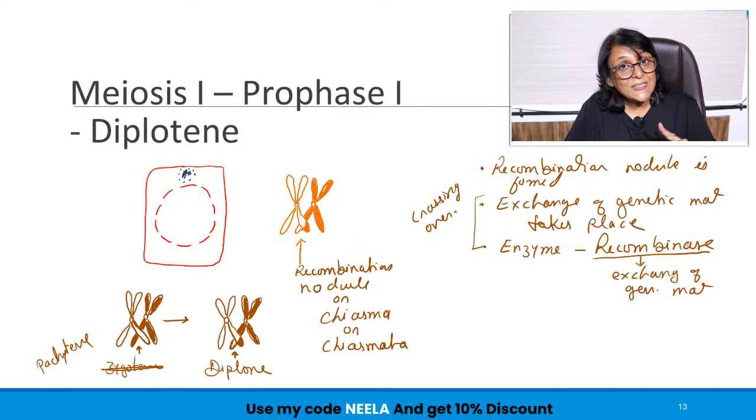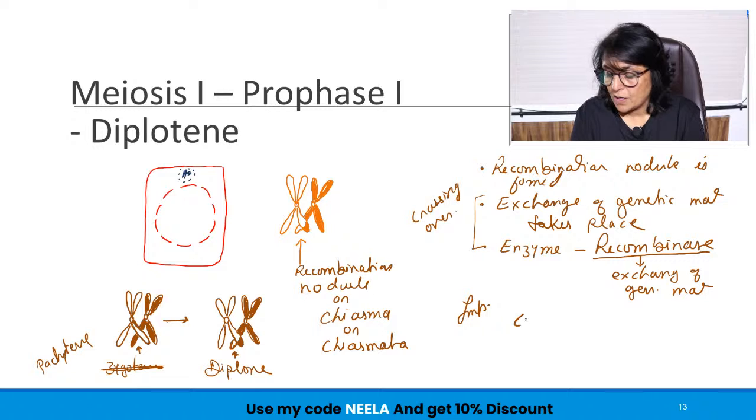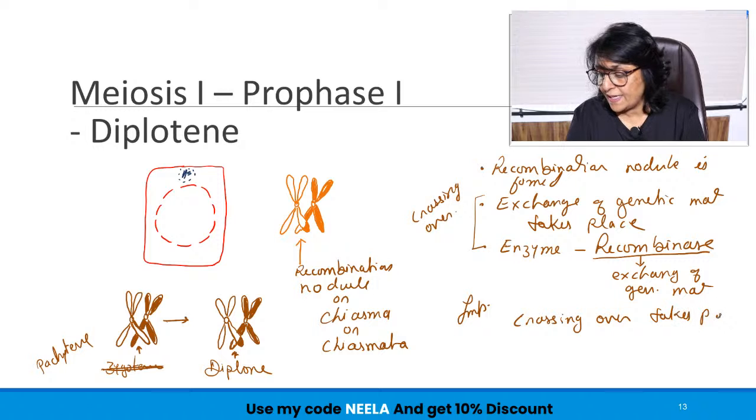Synaptonemal complex is still there. So now exchange has taken place. Exchange takes place always between non-sister chromatids. This we have to remember, very important. Crossing over takes place between non-sister chromatids.